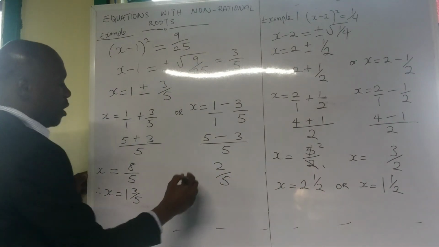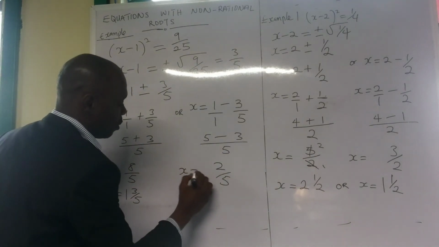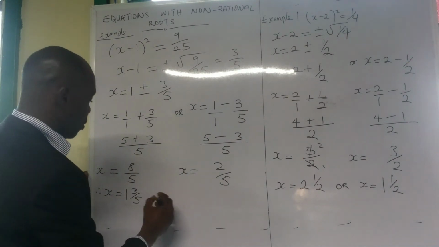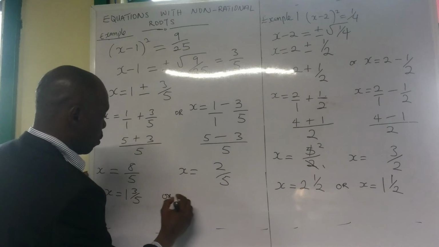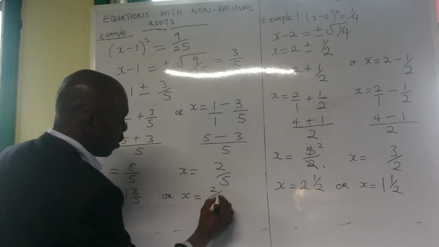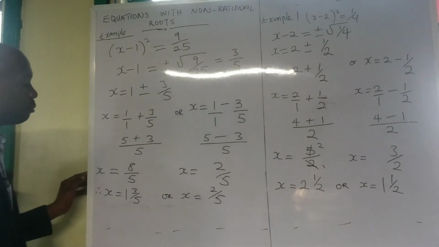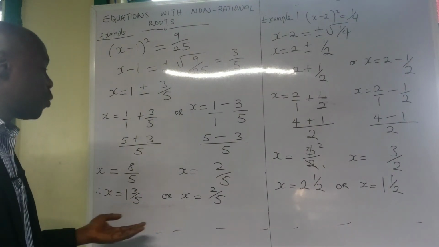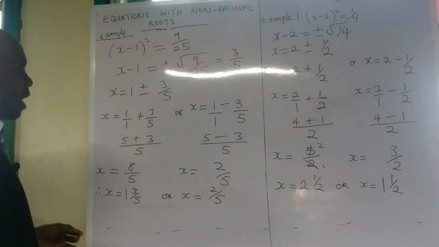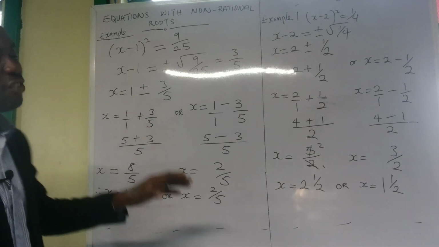So x here equals 2 over 5. So our answer now is x equals 2 all over 5. If you look at this equation too, it shows that our answer and the root are non-rational.